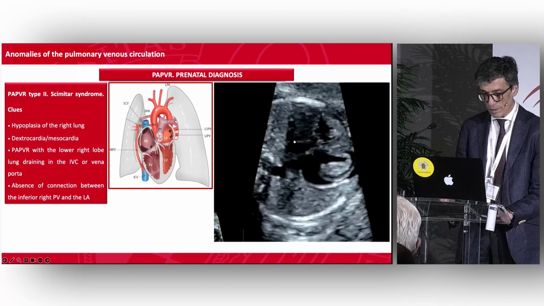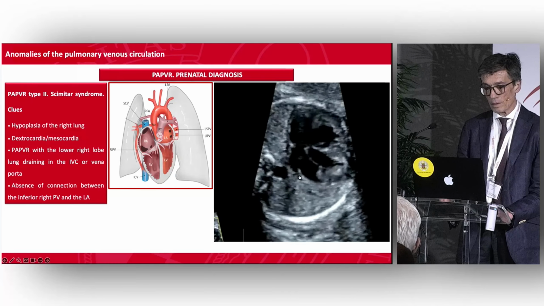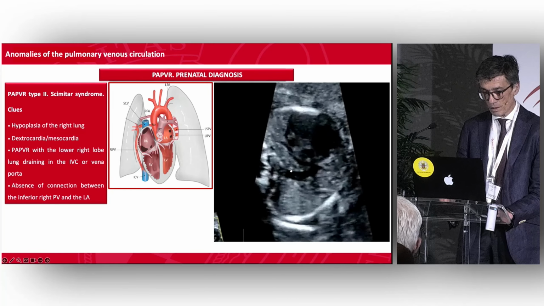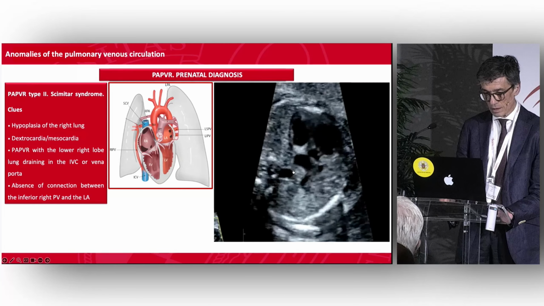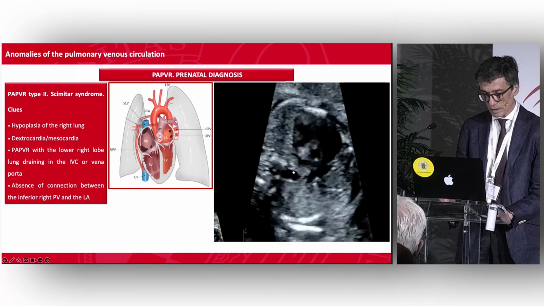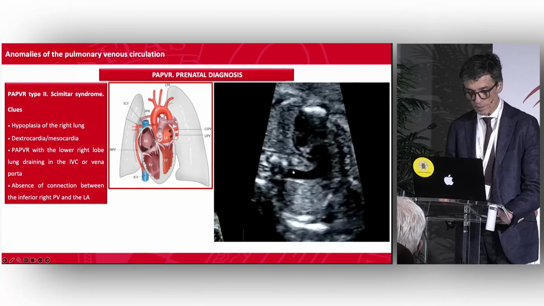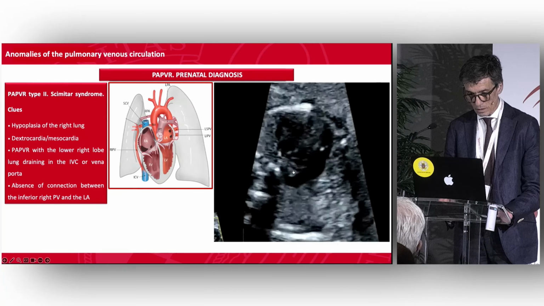There are no pulmonary veins. These are the left pulmonary veins draining normally, but there are no pulmonary veins coming from the right side to connect with the left atrium. But we will see later on how they are crossing the diaphragm and connecting with the abdominal veins.